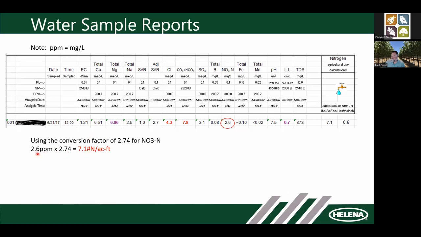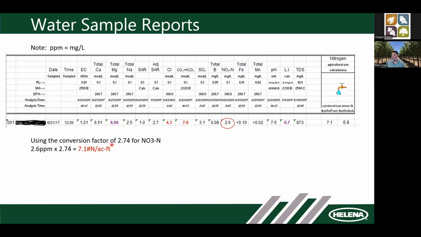You can do the conversion, so 2.6 parts per million times 2.74 equals 7.1 pounds of N per acre foot. Now, this lab does the calculations for you too, which is kind of nice. So you can see right here, it does the ag use nitrogen calculation for you. But this is how they get to that number, using that multiplier.